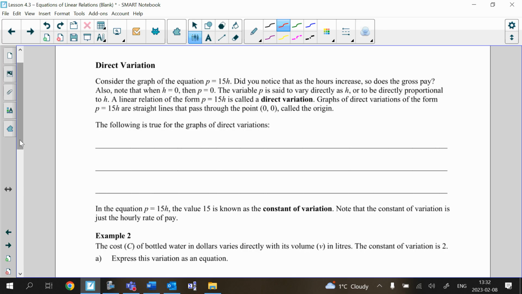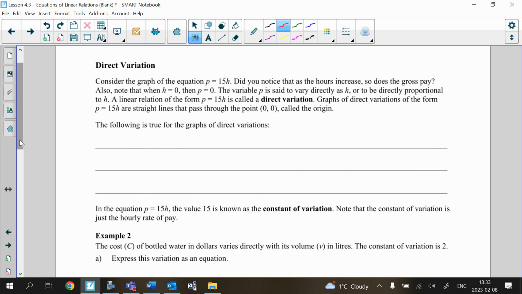And when the hours worked is 0, the pay is 0, which means the pay is directly proportional to the hours worked. If you don't put in any hours, you don't get any pay. And that's called direct variation. The easiest way to recognize direct variation is that it always goes through 0, 0. That's how you can tell the difference between direct variation and others.